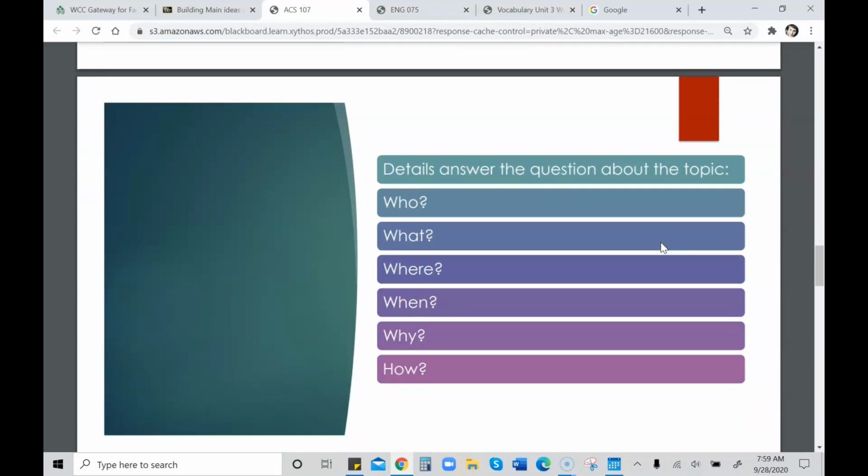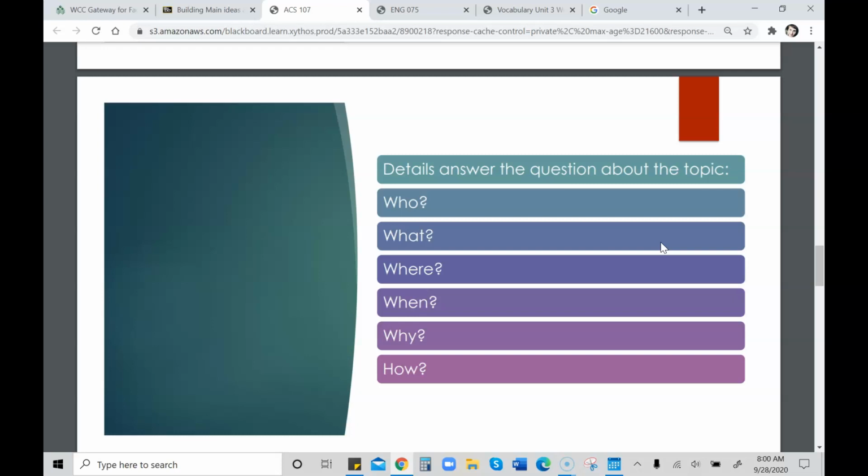So one thing that we're going to do as we start to think about this idea of annotation is think about our who, what, where, when, why, and how, kind of our reporter questions. And because we're going to be using some current events, it makes this really easy to go through. So who's the main focus of the article? What is happening? Where is this all happening? When is it happening?